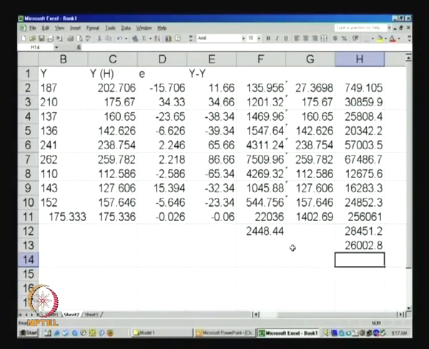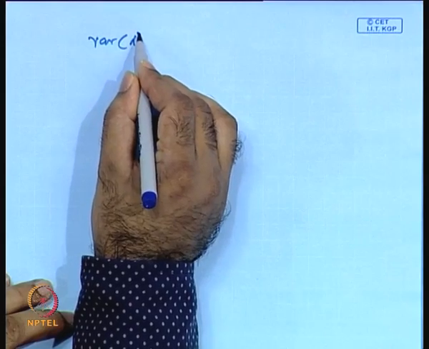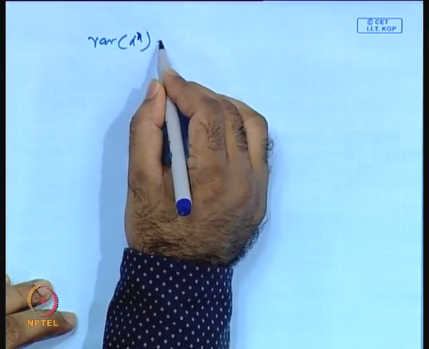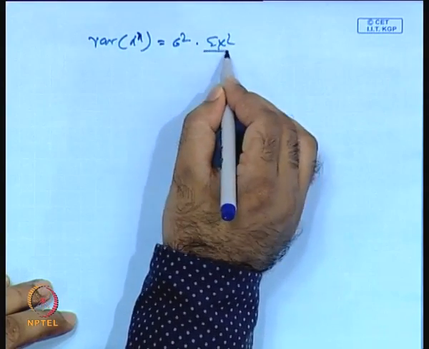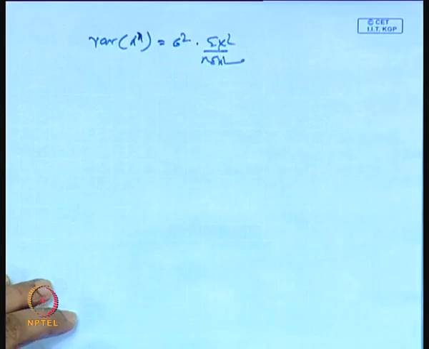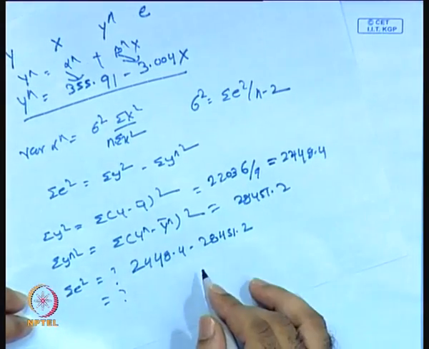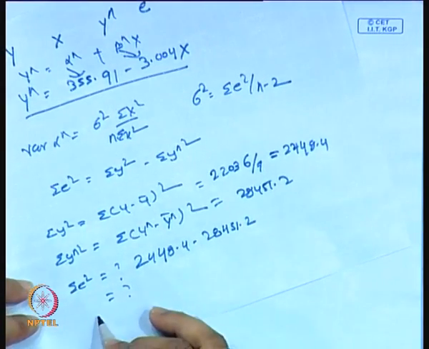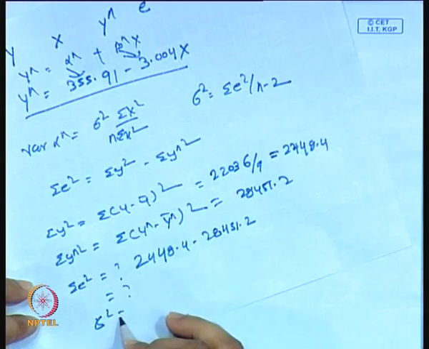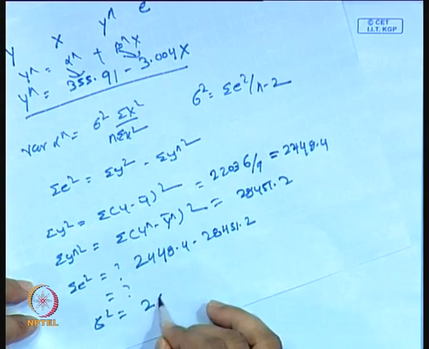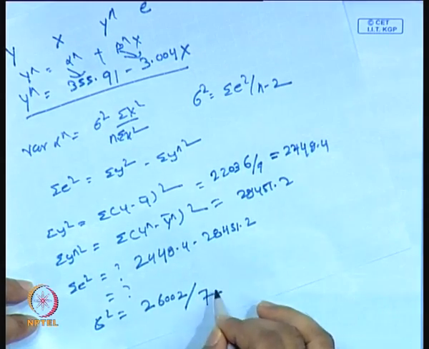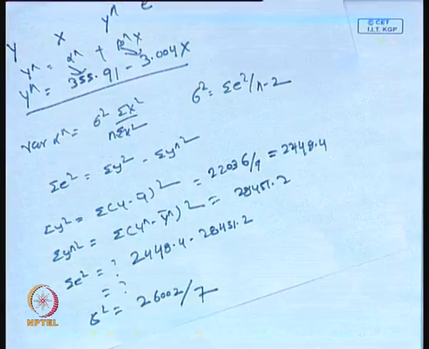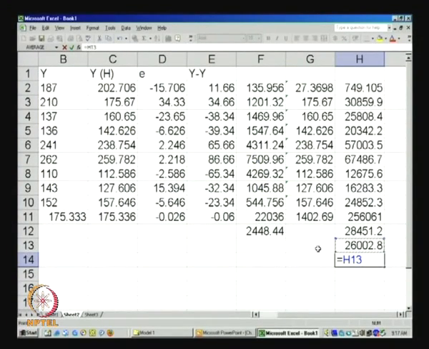So the variance of alpha hat we have to calculate accordingly. The variance of alpha hat equals sigma square into summation x square by n summation x square. Here sigma square is summation e square by n minus 2, that is 26002 divided by n minus 2, which is 7.